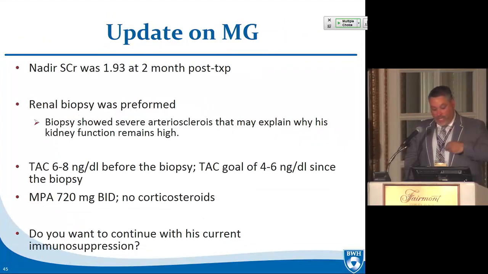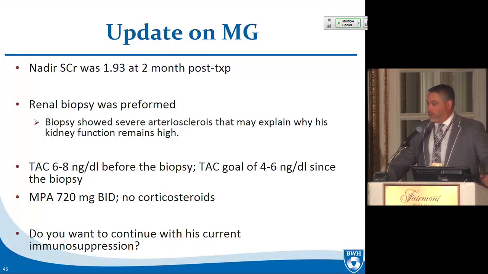This is real quick with MG. MG had a nadir creatinine of 1.9. Remember, he got a living donor transplant from his mom. Biopsy showed severe arterial sclerosis that may explain why his kidney function never plateaued at a lower goal. We had TAC running 6 to 8 before we did the biopsy, now 4 to 6 since, on full dose mycophenolate and no steroids.